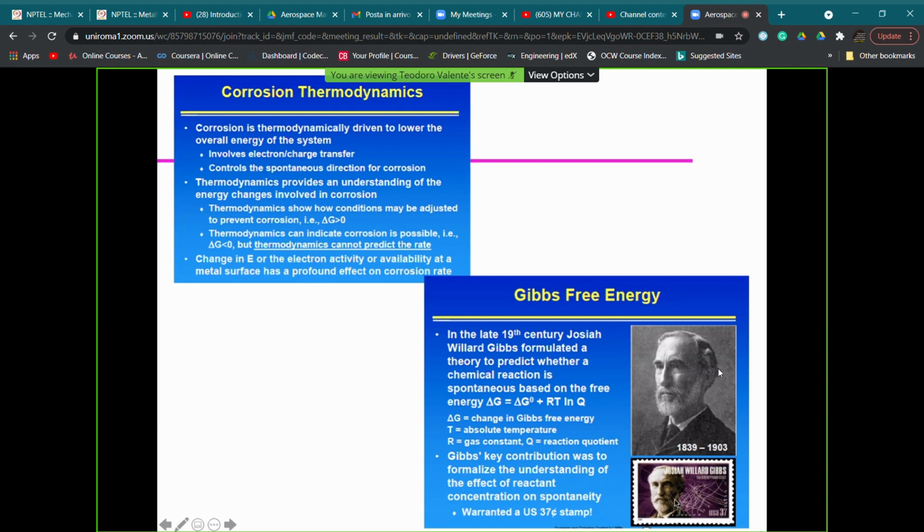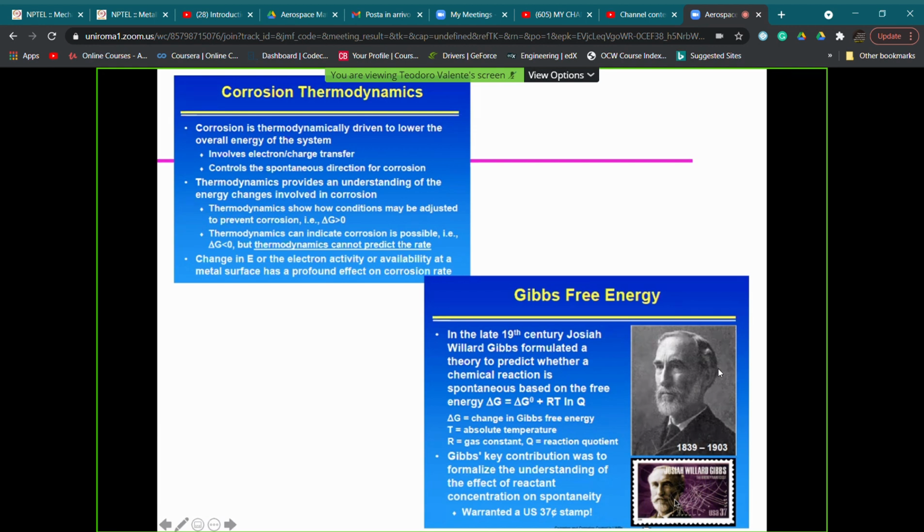So if we start from thermodynamics, we can say that corrosion is thermodynamically driven to lower the overall energy of the system. And so thermodynamics gives to us an understanding of what are the energy changes which are involved in the corrosion phenomena under investigation.